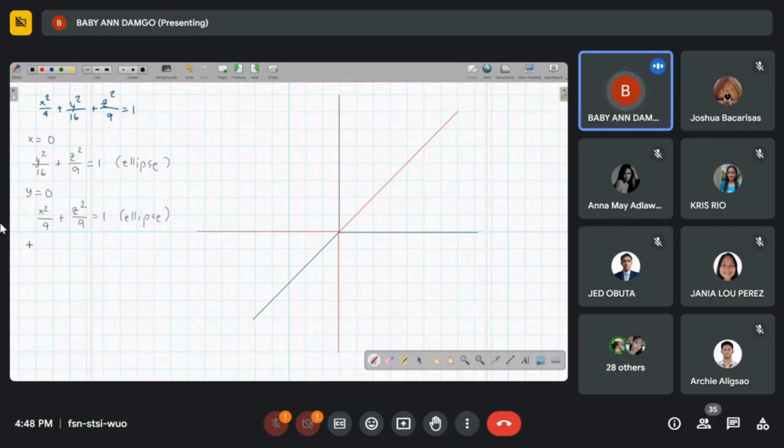Another, when z is equal to 0. This is x squared over 4 plus y squared over 16 is equal to 1. Still, this is an ellipse. So it is called an ellipsoid because the traces it forms are ellipses. Now, we will graph.